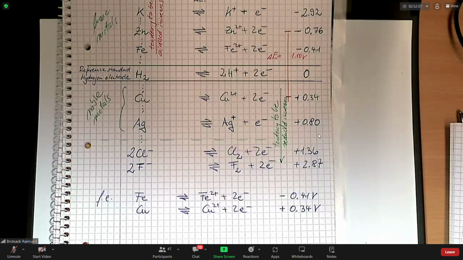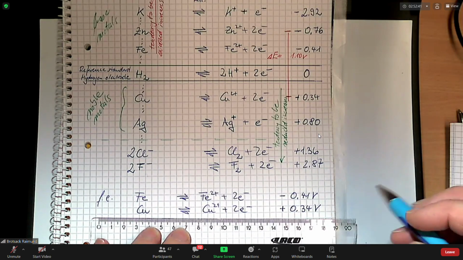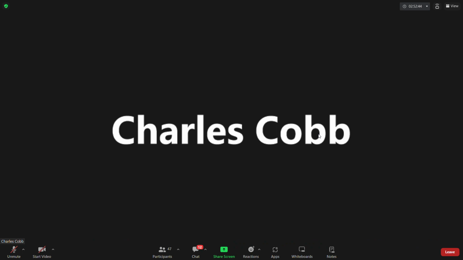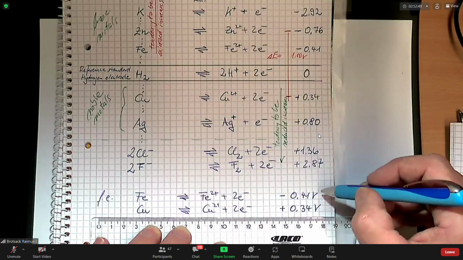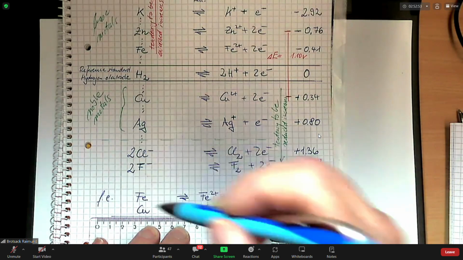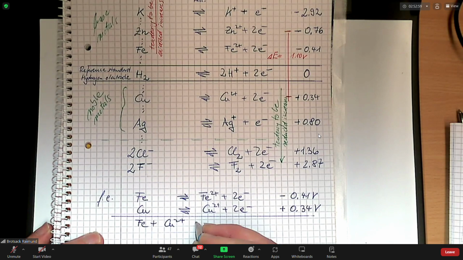Copper will be reduced. So the overall reaction will be, because this goes by itself from left to right, and this needs energy, but it comes from the oxidation of the iron. So we will have iron and copper 2 plus forming iron 2 plus and copper.